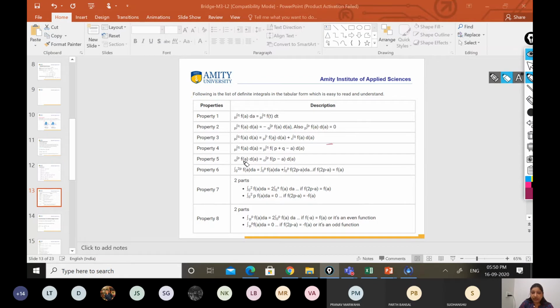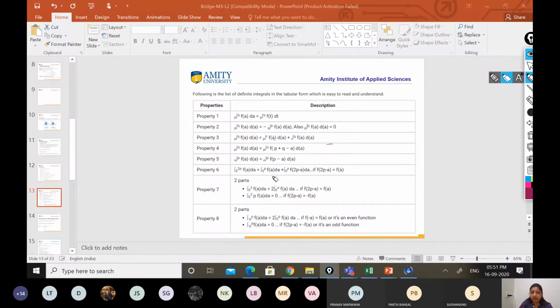Next, integral 0 to p f(a) da is equal to integral 0 to p f(p minus a) da. Then integral 0 to 2p f(a) da is equal to integral 0 to p f(a) da plus integral 0 to p f(2p minus a) da. So these are some of the specific properties.